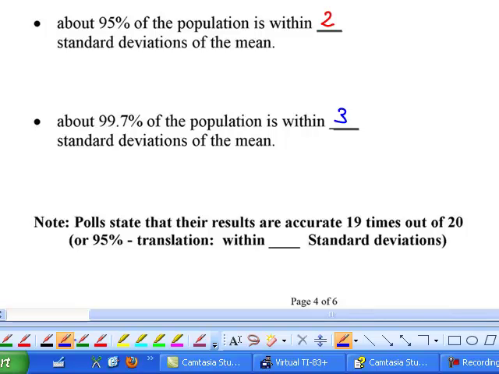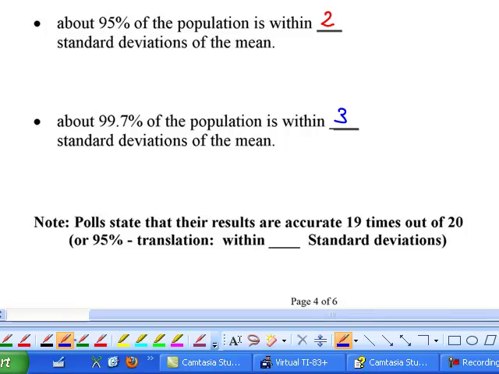So you can tell by going 1 standard deviation away, 2 standard deviations away, 3 standard deviations away, how far you're away from the mean. You can see that by going 3 standard deviations away, you pretty much encompass all of the actual area, of the entire percentage of the population.